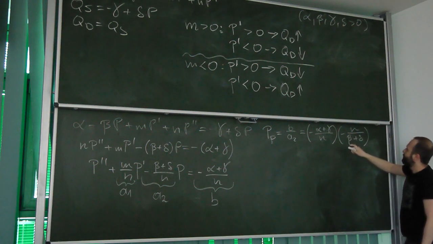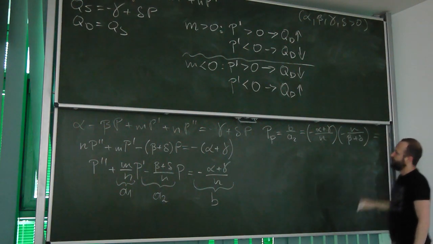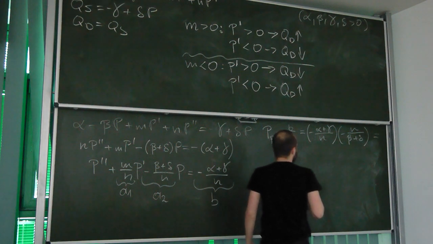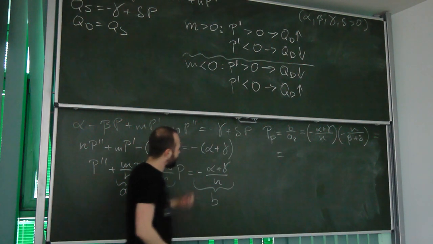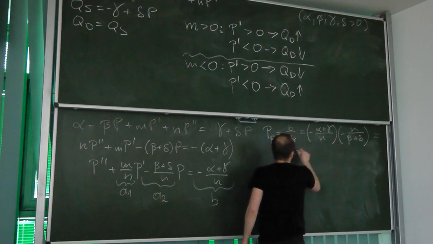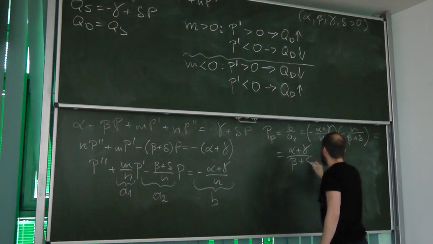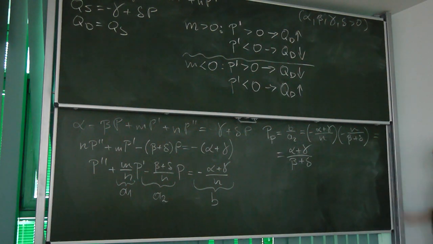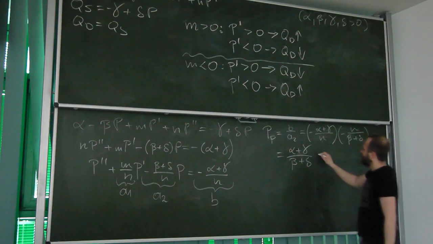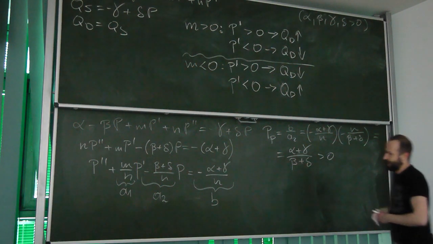Now look, minuses cancel each other out, n's cancel each other out, and we get that the intertemporal equilibrium as well as the market equilibrium is given by the very familiar expression alpha plus gamma over beta plus delta. We know that this number is clearly positive based on the assumption. This is the result we were always getting.